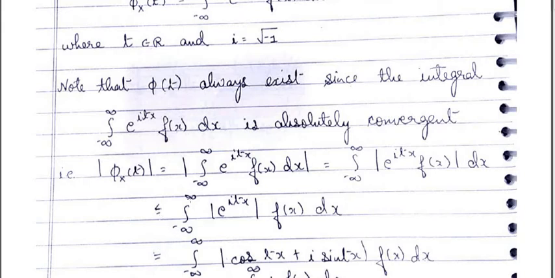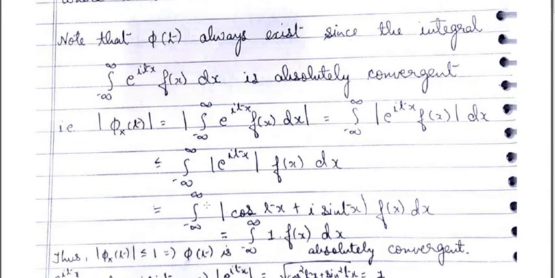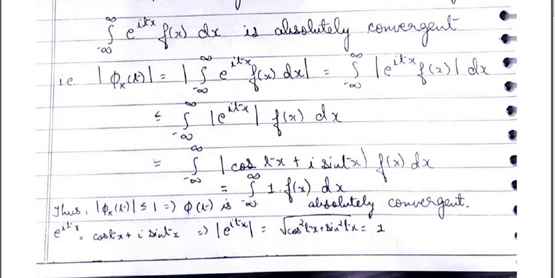So the integral from minus infinity to plus infinity of the modulus of e raised to itx f(x) dx is the integral of the modulus of cos tx plus i sin tx times f(x) dx. Now this is equal to 1. How is it equal to 1?